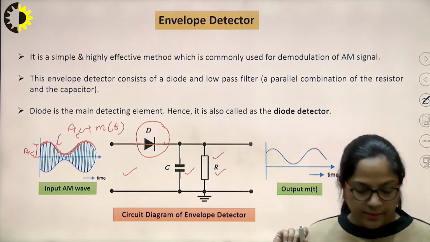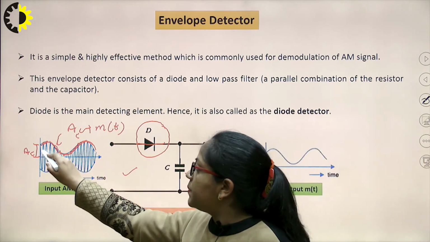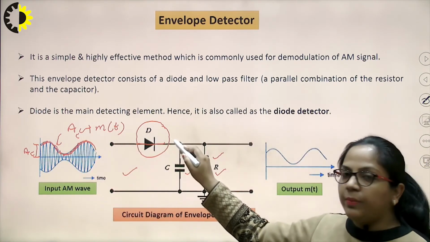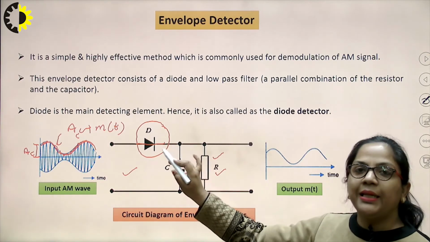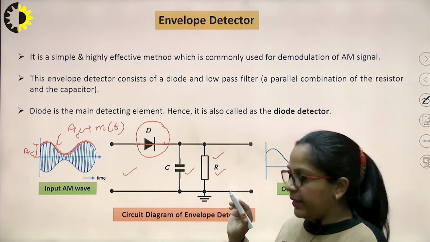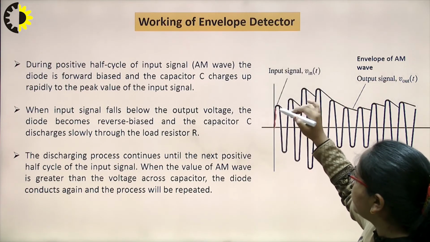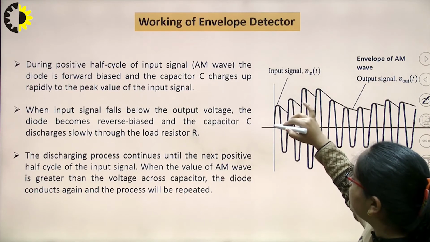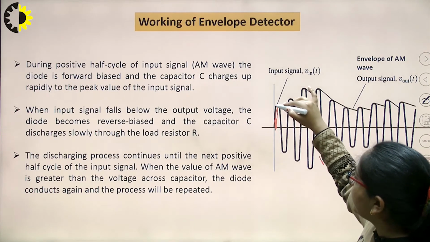What happens here? During the positive half cycle, when the input is positive, then the diode will become forward biased and the capacitor will start charging towards the input voltage. So this will be the charging of the capacitor.